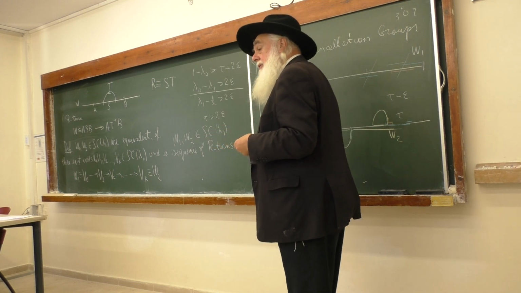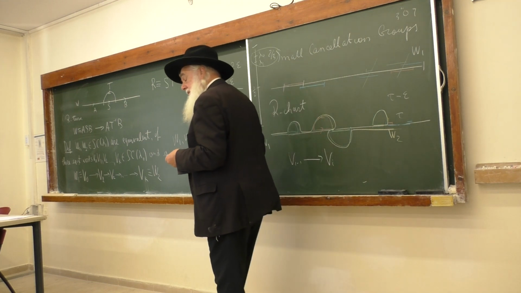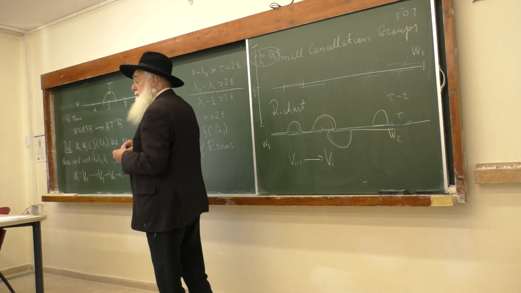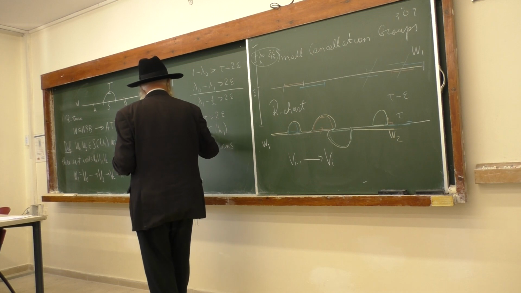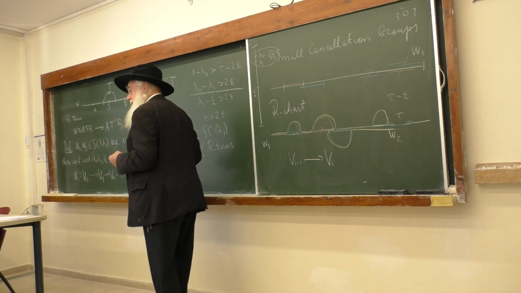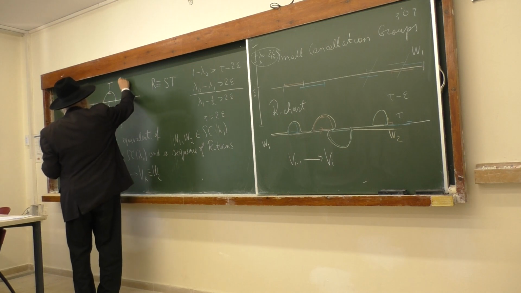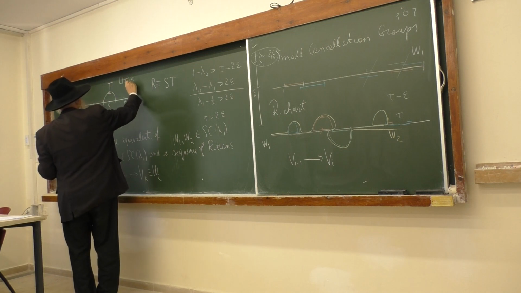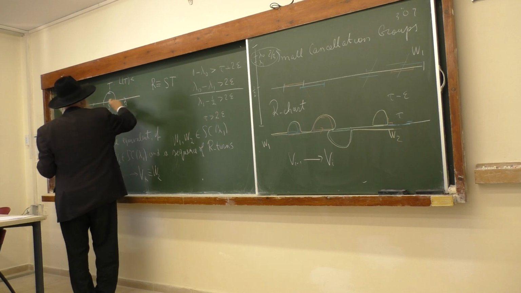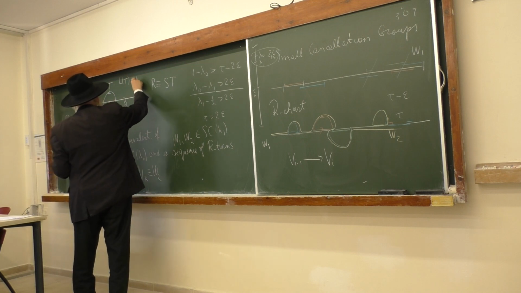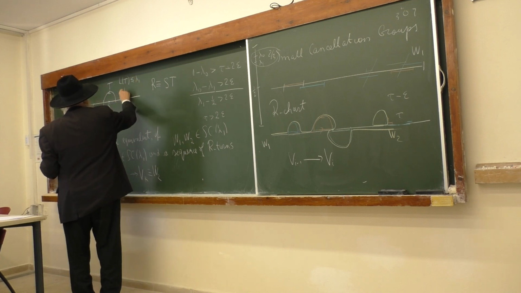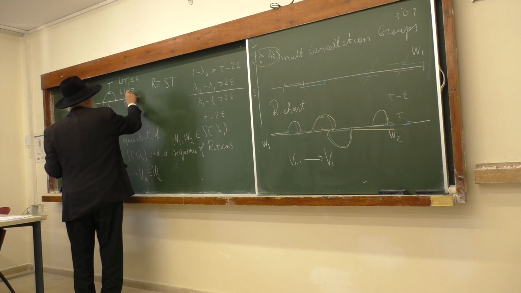Now, because we know that the resulting word should belong to S lambda 1, the length of t should be less than lambda 1, therefore the length of S should be bigger or equal than 1 minus lambda 1.